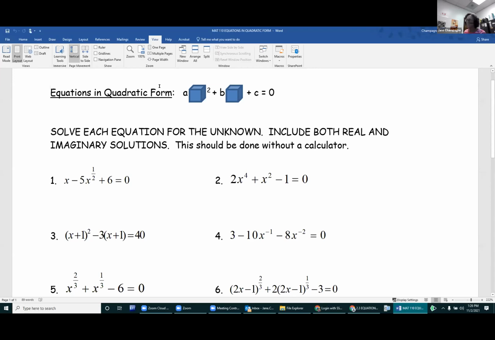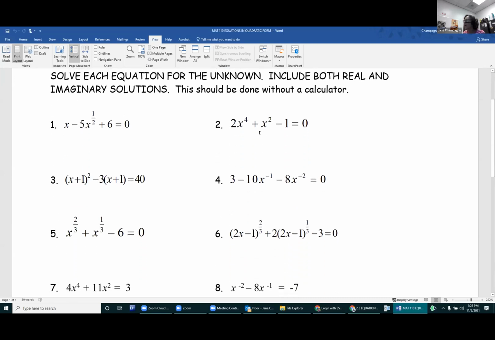So you can see these equations are kind of that form where, especially number 2 here, you've got this x squared, and then x to the 4th is the square of that.